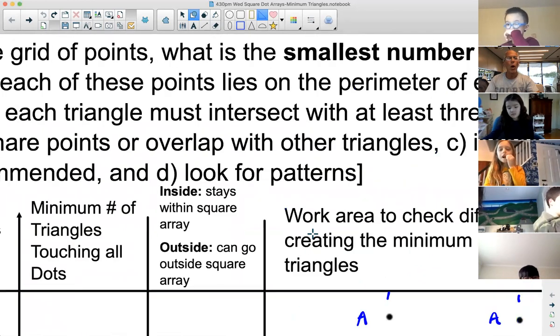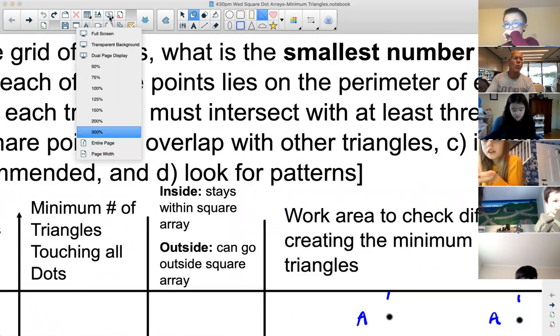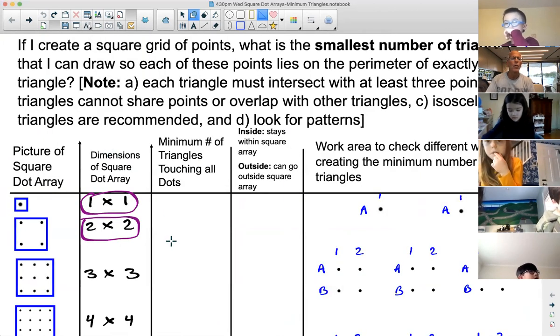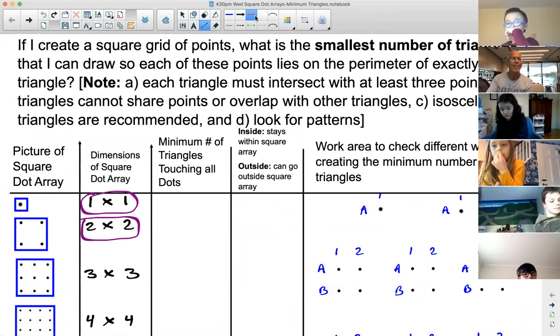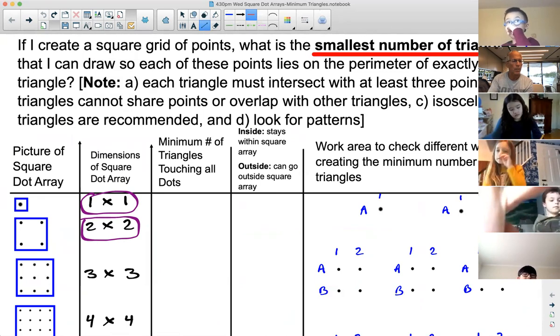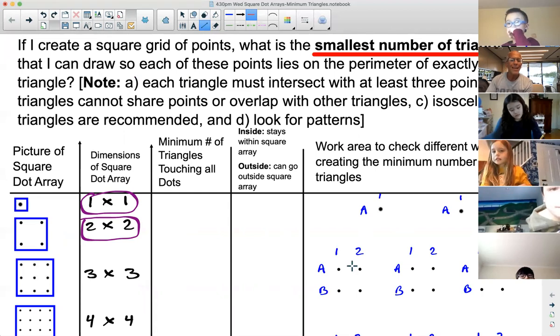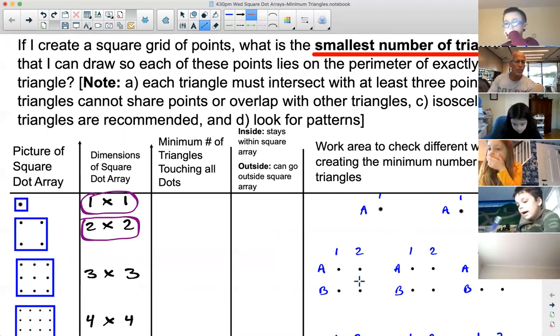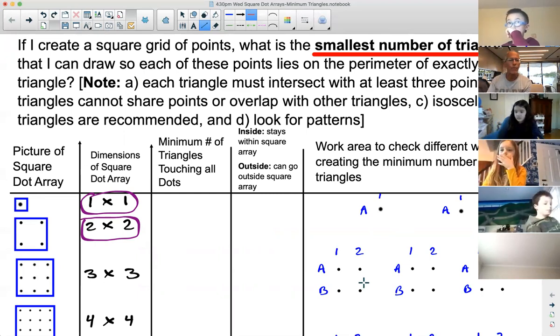The rules are that we're supposed to find the smallest number of triangles, not the largest, the smallest number of triangles that I can hit every point in a square array, like a 1 by 1 or 2 by 2 or 3 by 3 or 4 by 4.